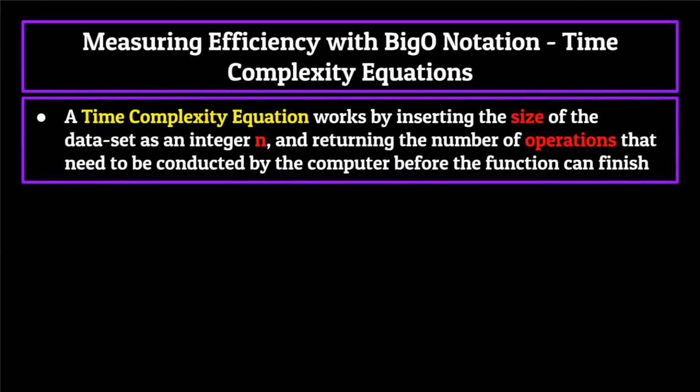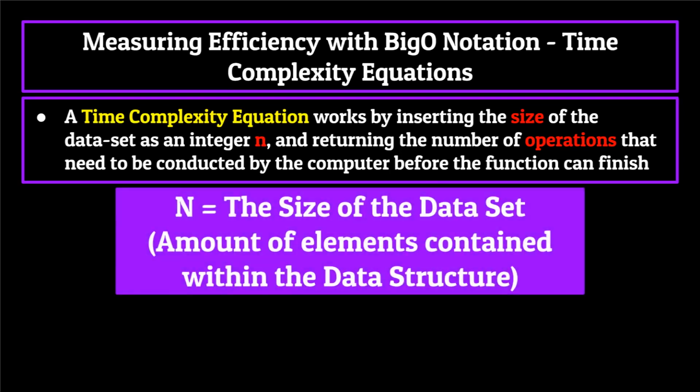Besides being an annoyingly long phrase, a BigO notation time complexity equation, or just time complexity equation, works by inserting the size of the dataset as an integer n and returning the number of operations that need to be conducted by the computer before the function can finish. The integer n is simply the size or amount of elements contained within the dataset.